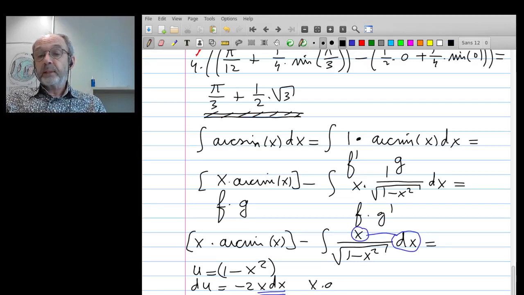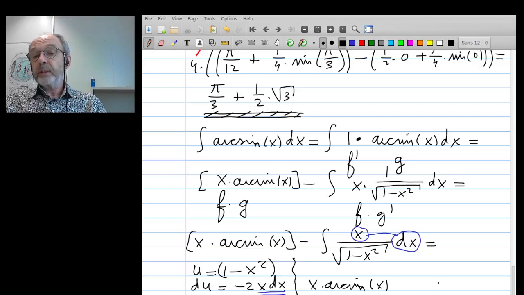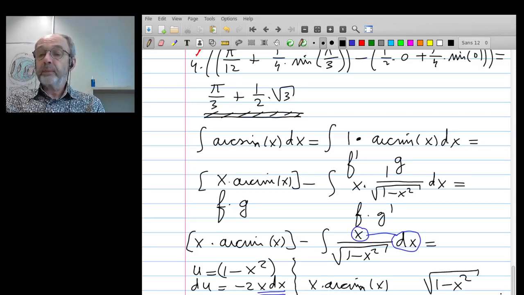But maybe other people see directly the primitive function of that integral. So you have x times the arc sine of x, and then what will be the primitive function? I think it will be something of the square root of 1 minus x squared.